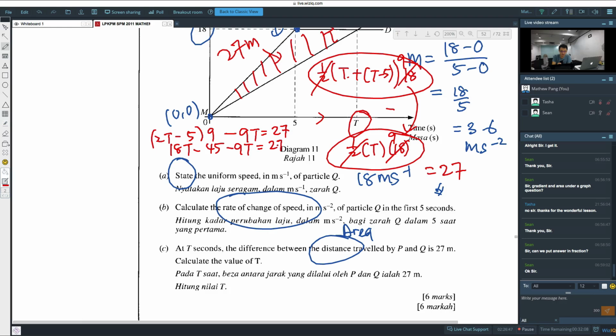You just need to understand that distance in this topic means area, and you have to know the trapezium area in the diagram is bigger than the triangle. If you know that, then the whole question will look very obvious. Of course, you also need to know the length here is called T minus 5. If you cannot understand that, then maybe you can't do it.